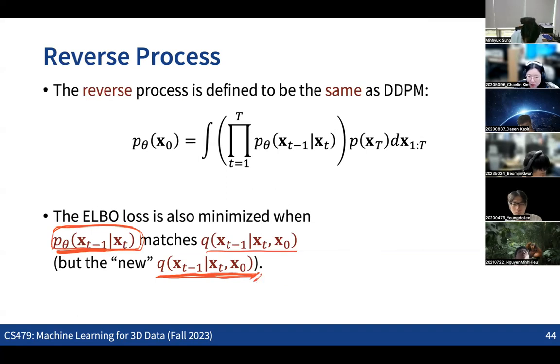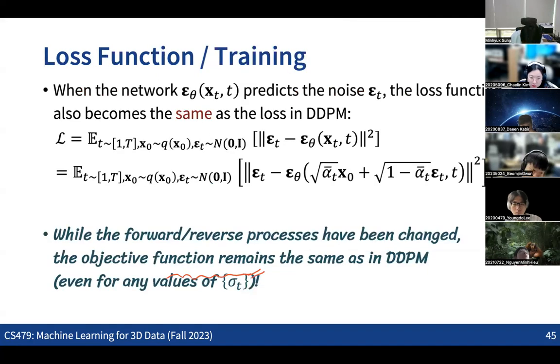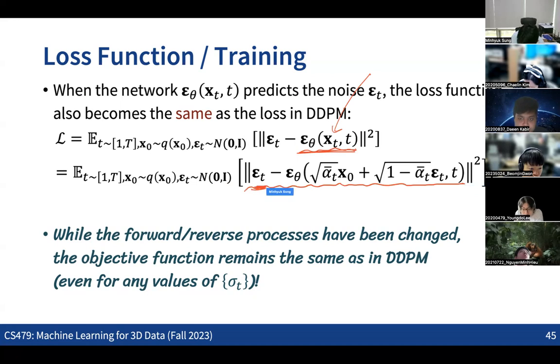But also the interesting thing is that while we are defining the new distribution like this one, the way that we minimize the loss is exactly the same. What we still need to do is define the noise predictor, the epsilon theta network, and minimize the expected value of the difference between the epsilon t and the predicted noise here.